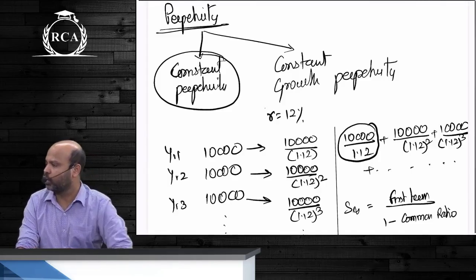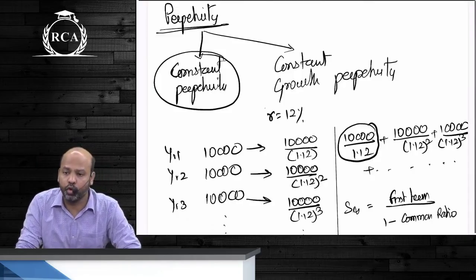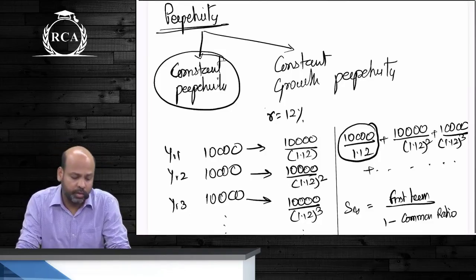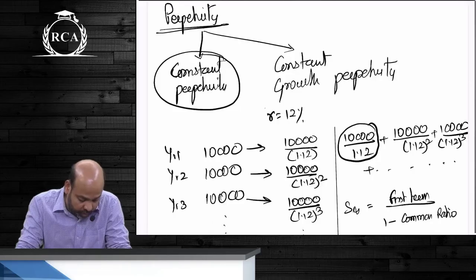Next line. Constant growth perpetuity is where the cash flows will increase at a constant rate.